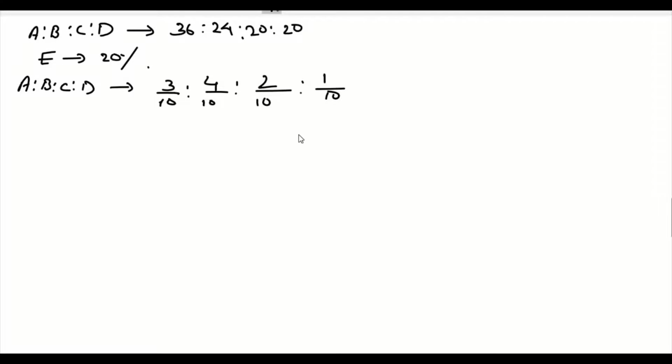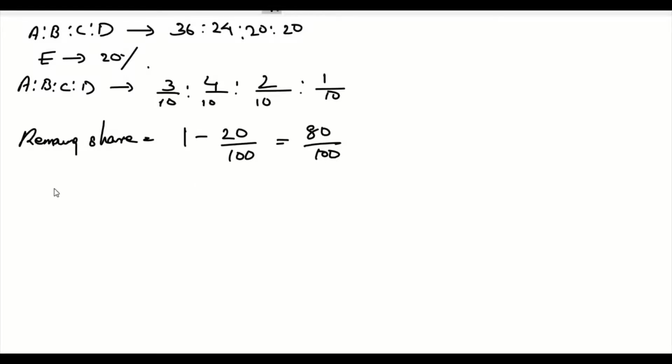So in order to find the new ratio, first we need to find the remaining share of profit after allocating profit to E. So remaining share of profit, assuming that 1 is the total profit of the firm, if we minus E's share, it is 20%. The balance of profit that needs to be distributed between A, B, C and D is 80 by 100.